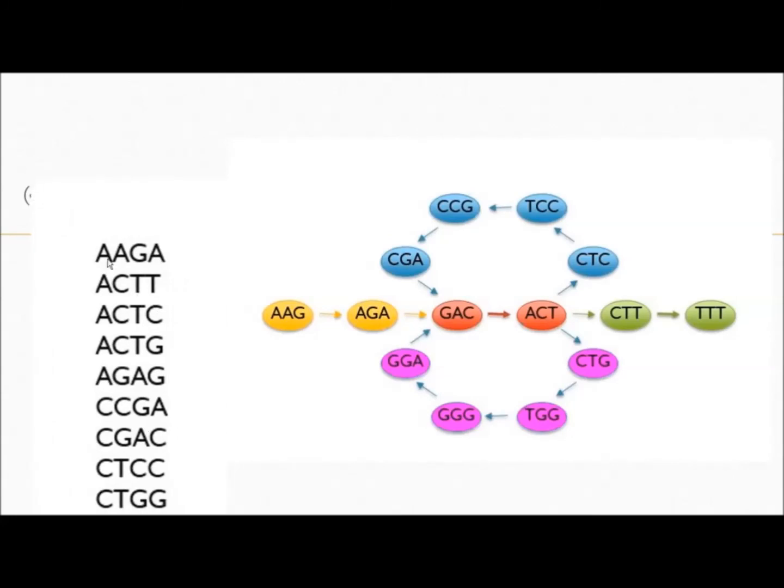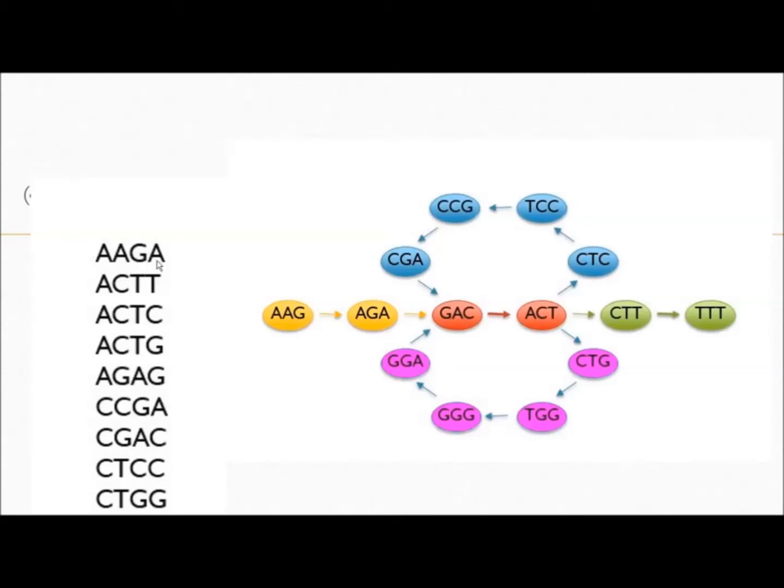So if you see these reads, you'll see there's an AAG part, and then there's an AAG part, and then there's an AGA part. And then you look at the AGA part, and you see that there is a GAC part, which comes from here, and then you say, oh, the AG and the AG are the same, right?